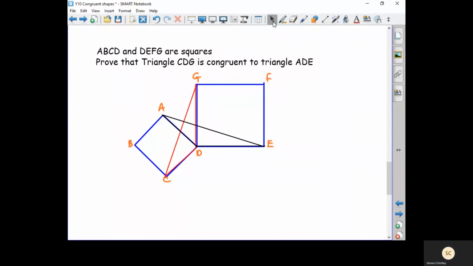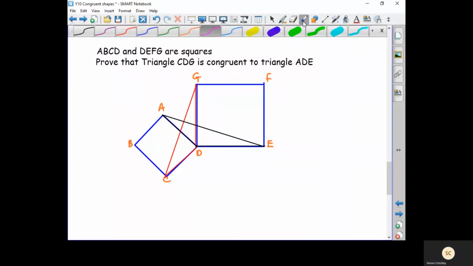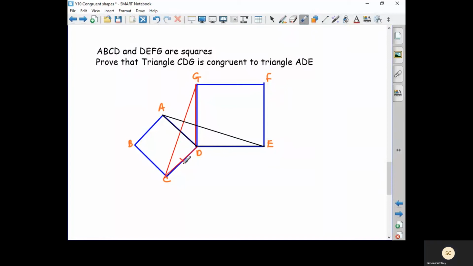Well, a couple of things, I guess. The first thing, if I'm looking at the red triangle, we've got this side on the red triangle, and this side, A to D, on the black triangle, are the same size as each other, because they are sides of the same square.